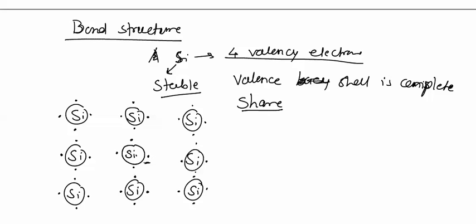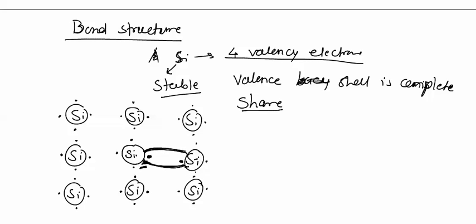This silicon atom will acquire stability when its valence shell is complete, and for this purpose, this silicon atom will share this electron with this silicon atom, and a bond will be formed between those two silicon atoms.